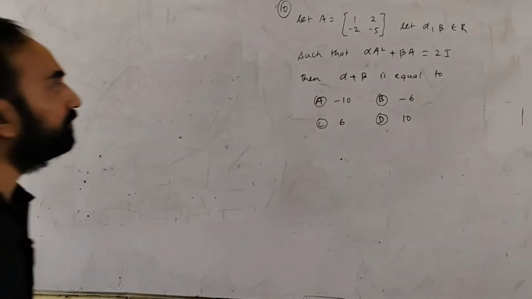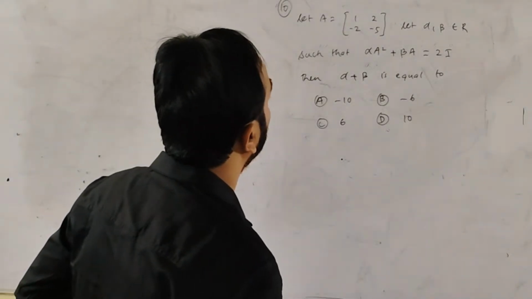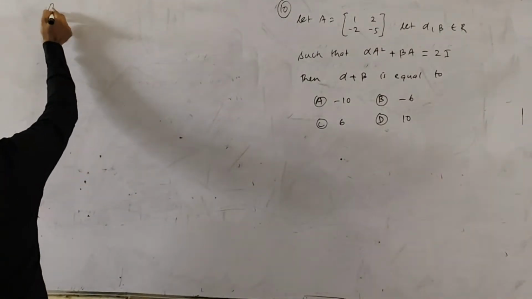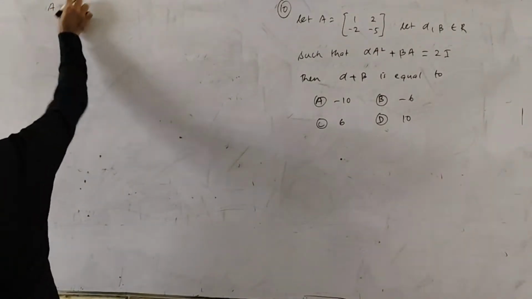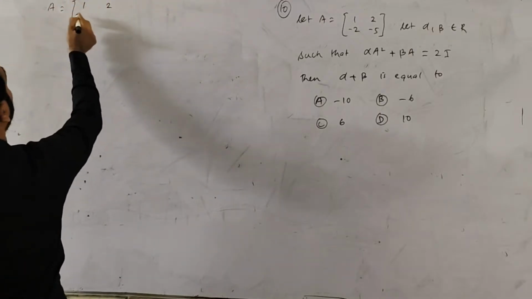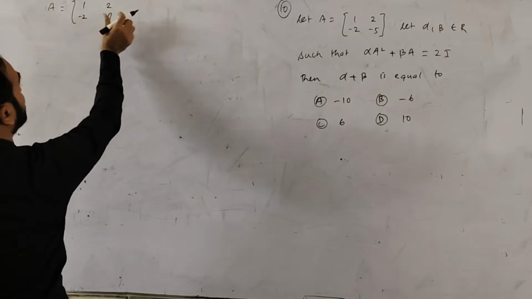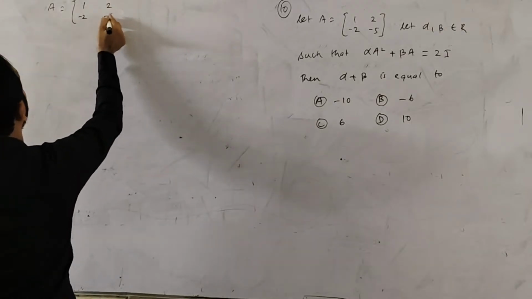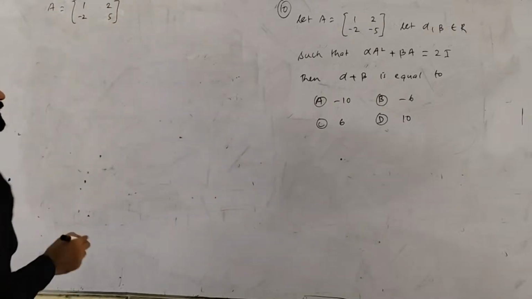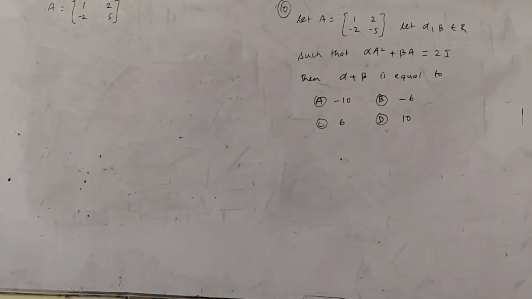Okay, so we will find the characteristic equation of A. So how to find? Very simple. A is given as 1, 2, minus 2, and this is minus 5. So what to do? We know that characteristic equation, how to write? A minus lambda I is equal to 0.